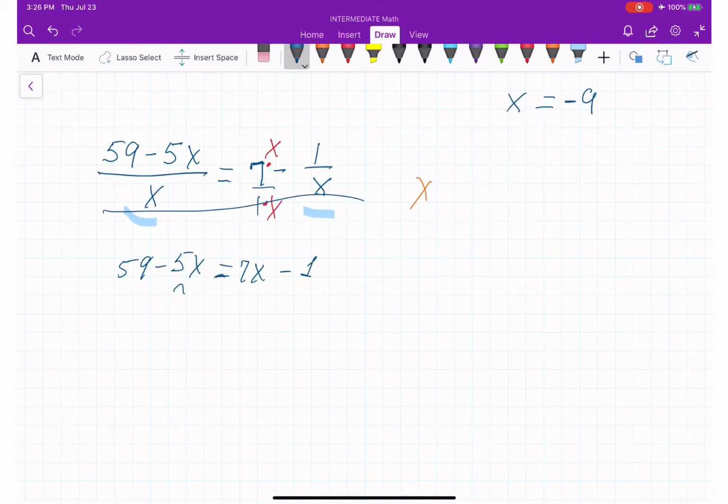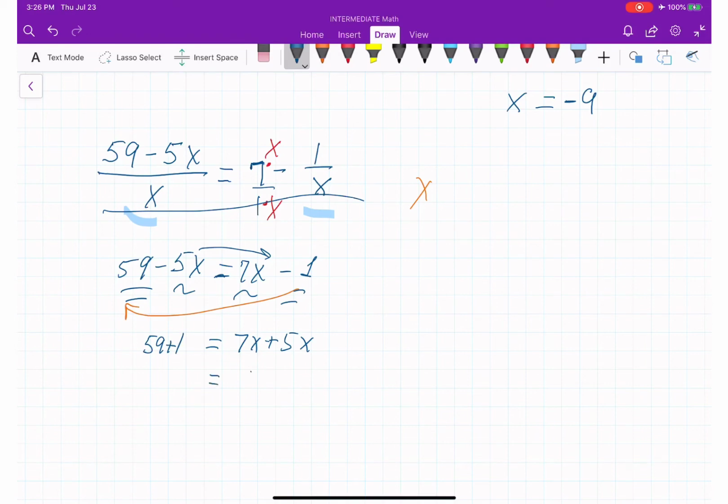So, like terms: I'm moving 5x here because I want to get positive x's. So it will be 7x plus 5x. And moving this negative 1 to this side, it's going to be positive, so we'll get 59 plus 1. All right.